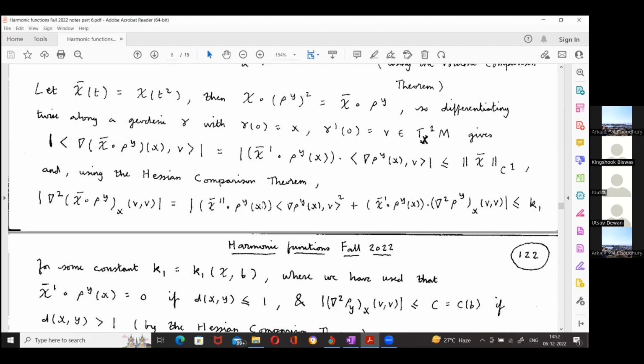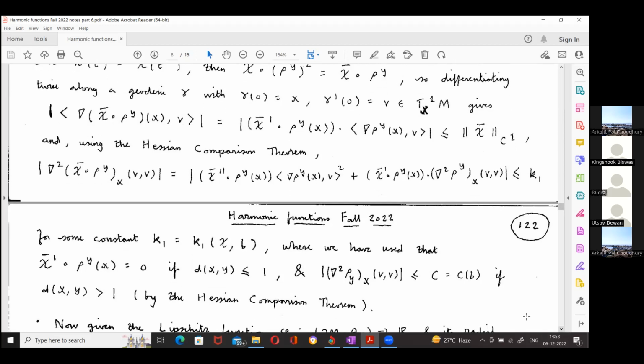So this first term is less than a constant, which is the C2 norm of chi bar. And for this second term, this chi bar prime is bounded by the C1 norm of chi bar, and this Hessian of the distance function is bounded by a constant.